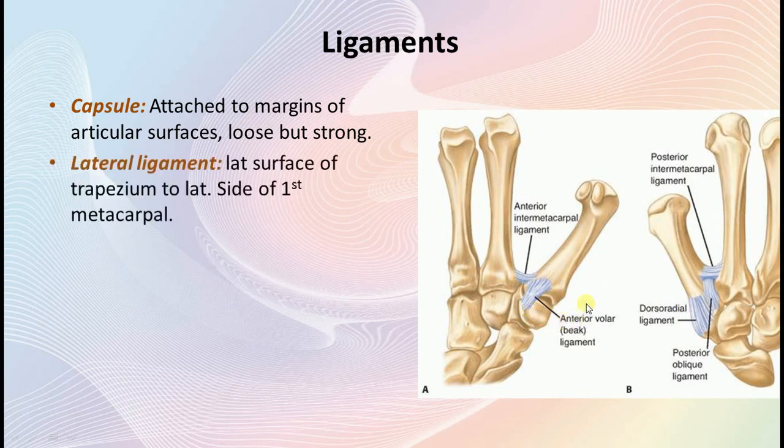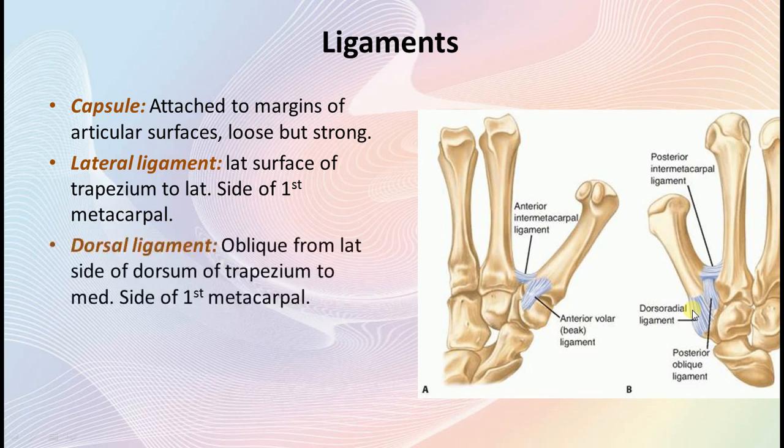You have the lateral ligament from the lateral surface of the trapezium to the lateral side of the first metacarpal bone. That is called the lateral ligament. Then you have the dorsal ligament, which runs obliquely from the dorsum of the trapezium to the medial side of the first metacarpal bone.